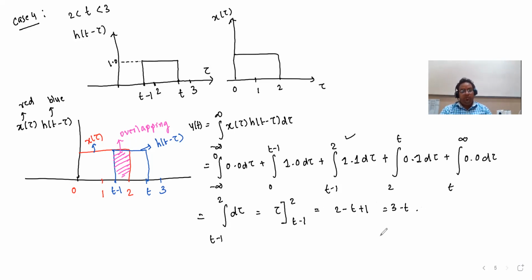So y of t is equal to 3 minus t for t lying between 2 and 3. Now we summarize all the things we have done.